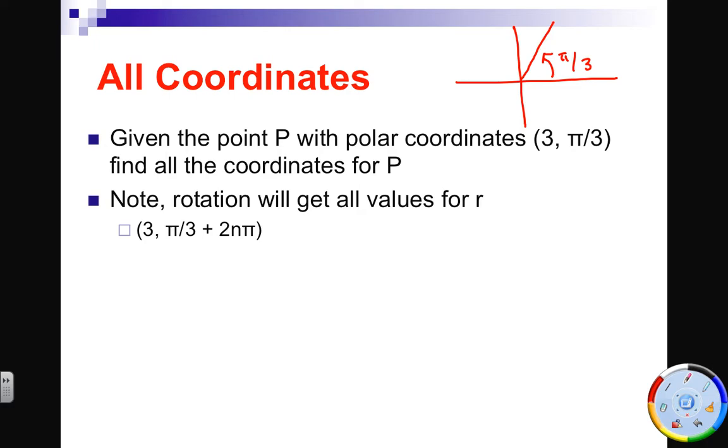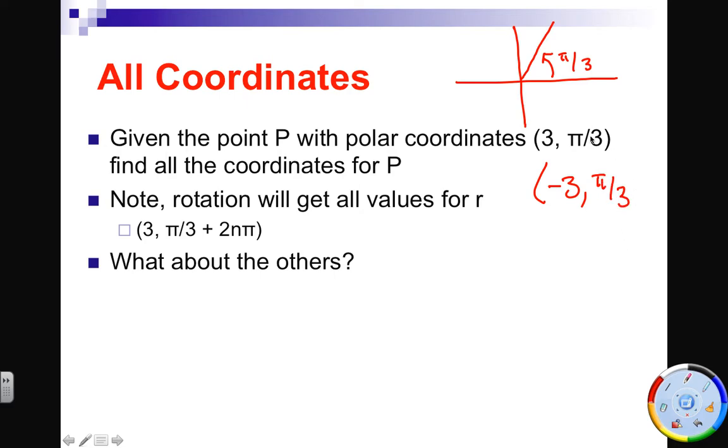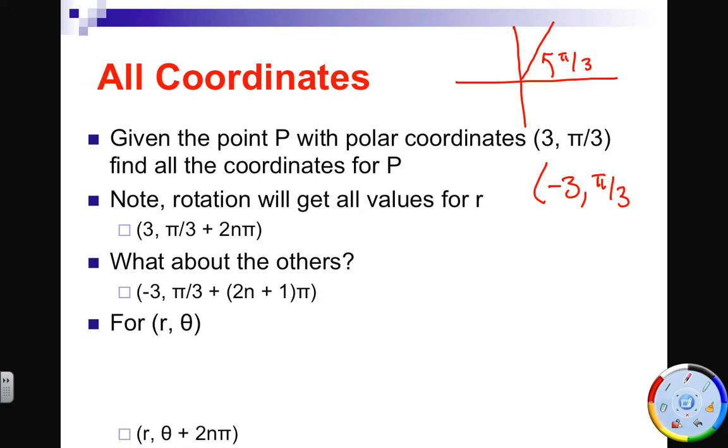But that's not all of them. There are others. What about if I had a negative 3, pi thirds? Well, negative 3 is going to actually be out here, but I could add 180, and this is going to look like this. I know it looks a little bit different, but for every r comma theta, here's what you need to do.